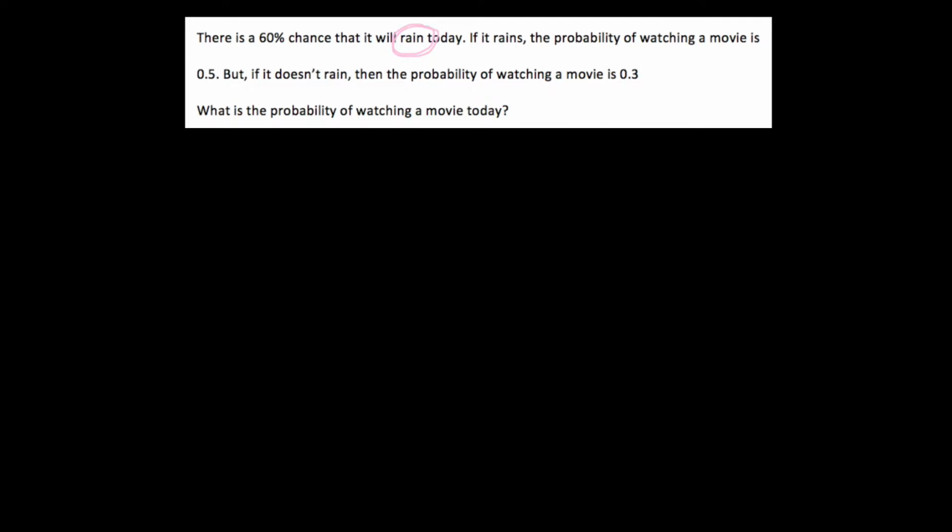We know that the probability of watching a movie depends on the probability of rain. So our first two branches are going to be for the rain. The first outcome is that it rains, and the second is rain complement. This is something you may see, which is why I'm introducing it now.